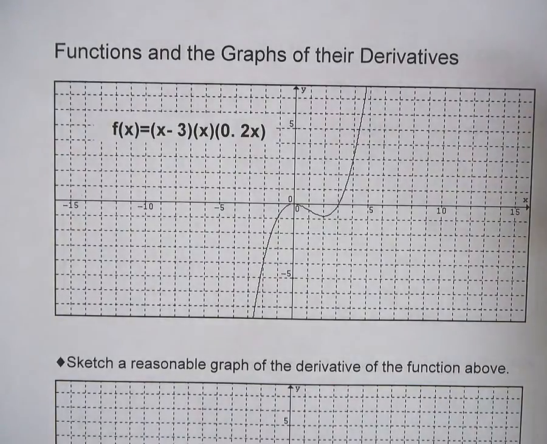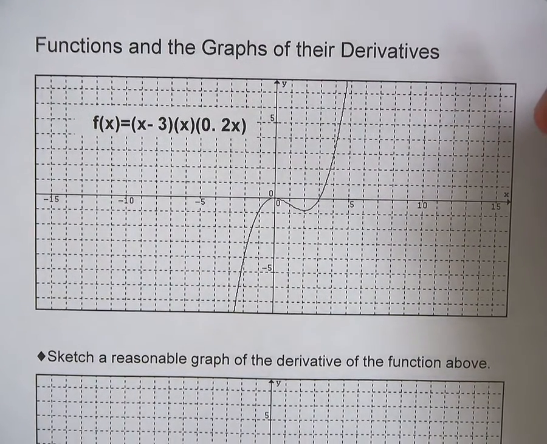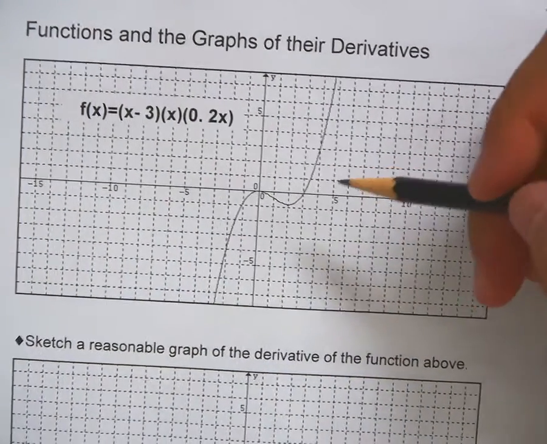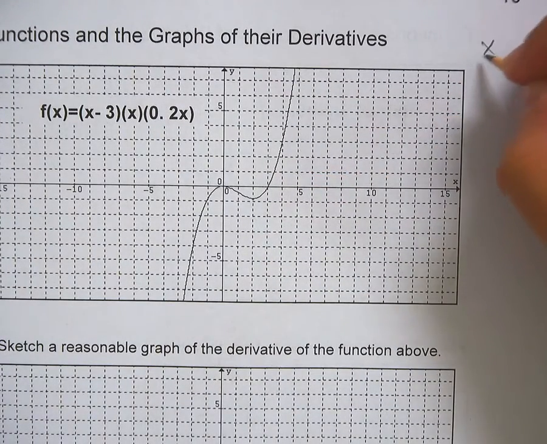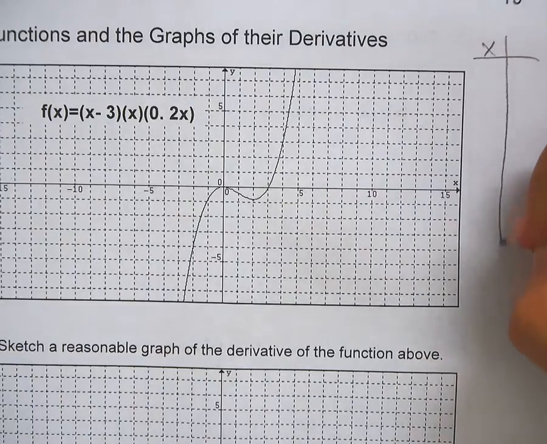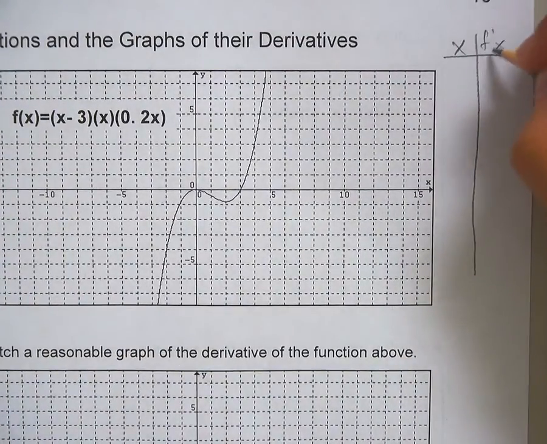Functions and the graph of their derivatives. Now, if you think about this here, if I wanted to graph the derivative of this, I'm going to come up with some values for x, and I want to come up with some values for f prime of x.